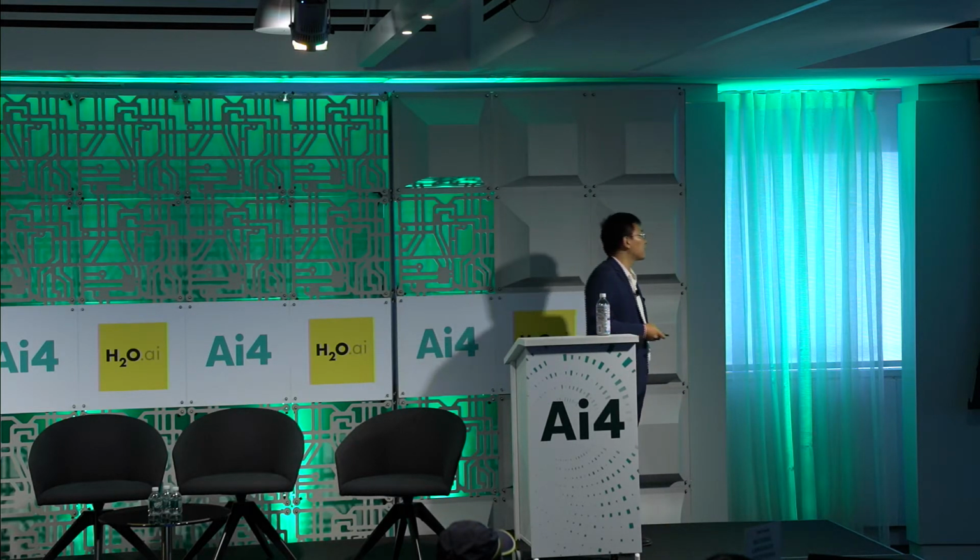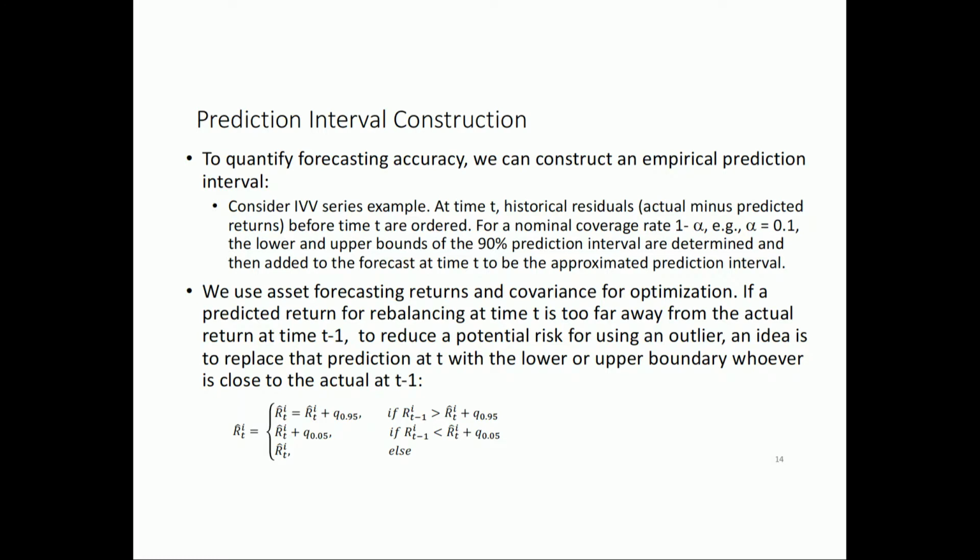To quantify the forecasting accuracy, I can also construct a prediction interval. This is an empirical way to do it. The idea is here. Consider the IVV series, for example. At time t, I have 100 data points of the residuals.